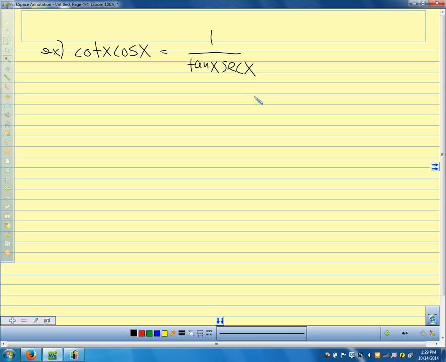I would say fractions in general are a little more complicated than multiplication. So let's work the right. This is what I skipped a step here.